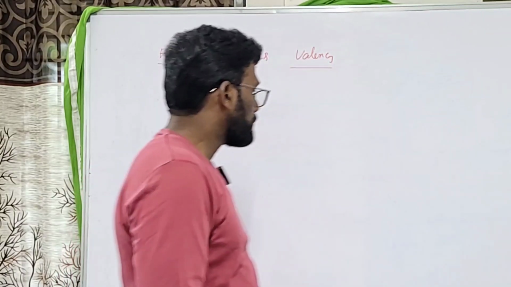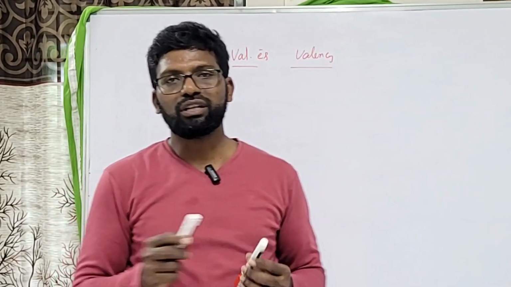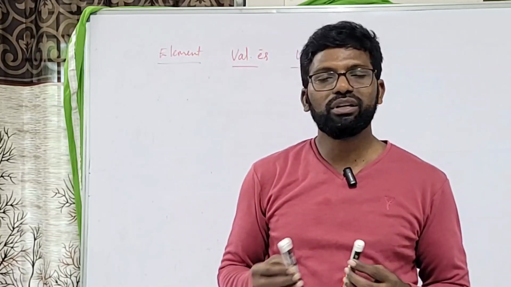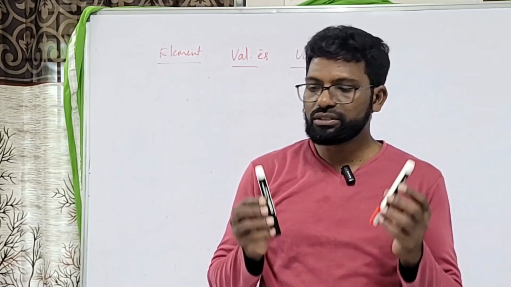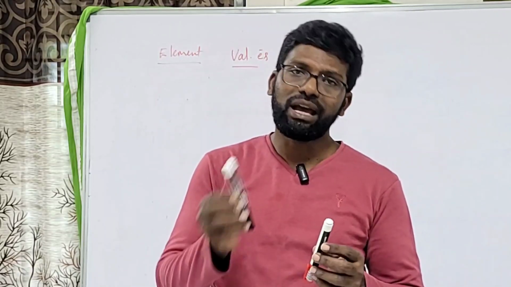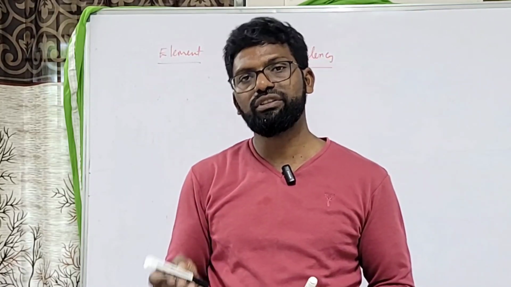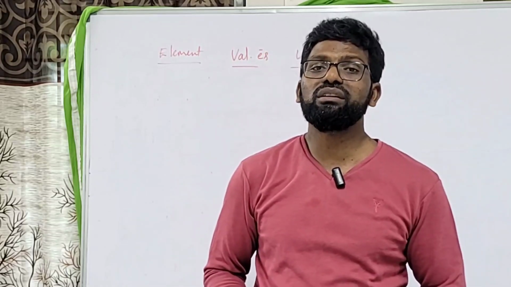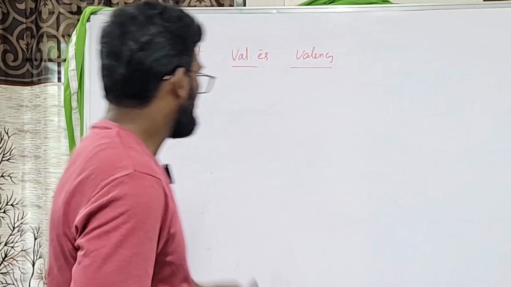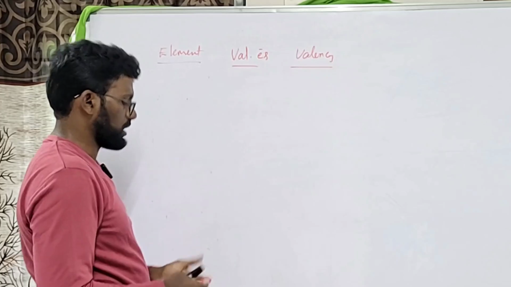Participating in chemical reactions means they combine with other elements based on their available number of valence electrons. The combining capacity of an atom with another atom, of one element with another element, is called its valency. Valency is the combining capacity; valence electrons are the outermost electrons.